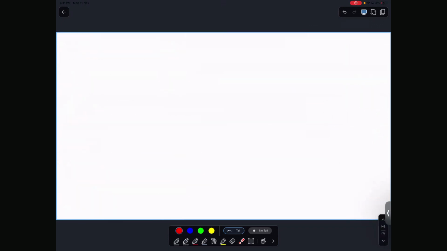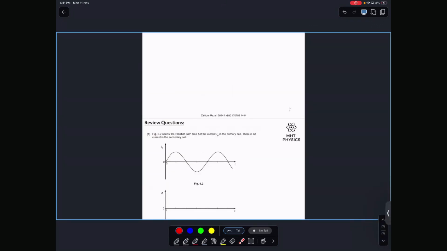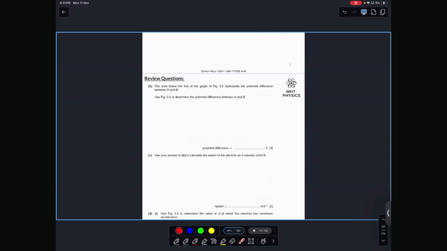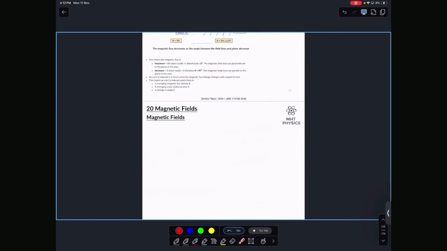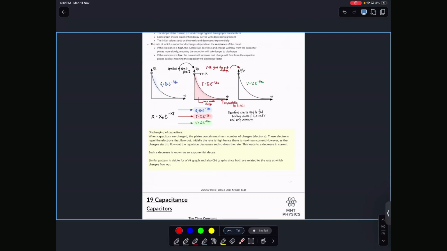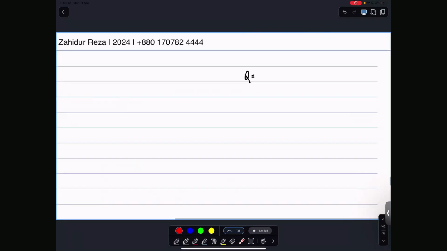Right, so let's see the equations one more time. Q equals CV as the first one. And what's the one for energy stored in a capacitor?